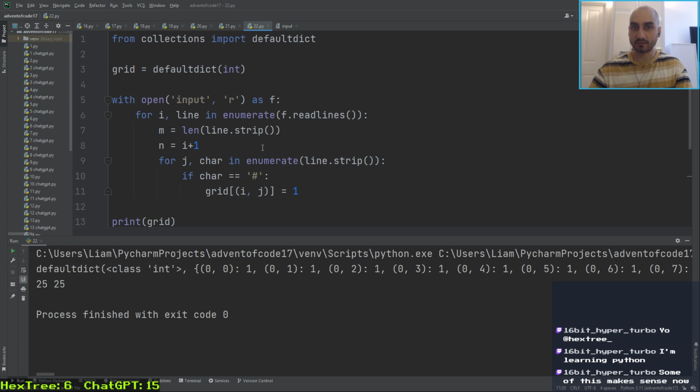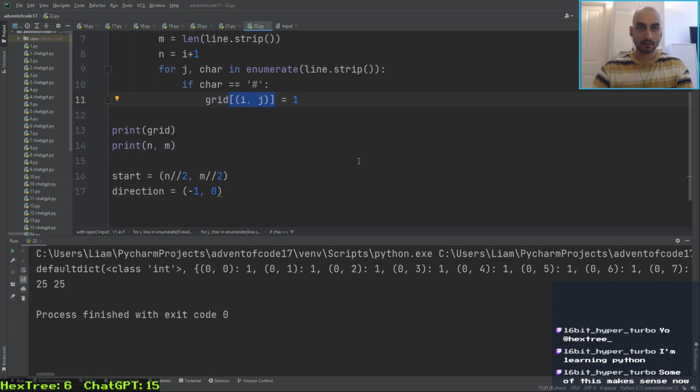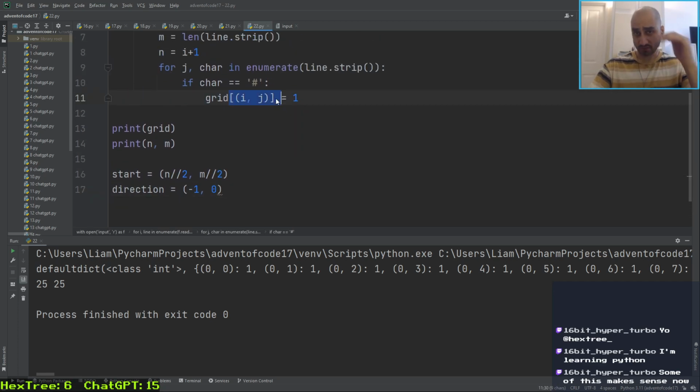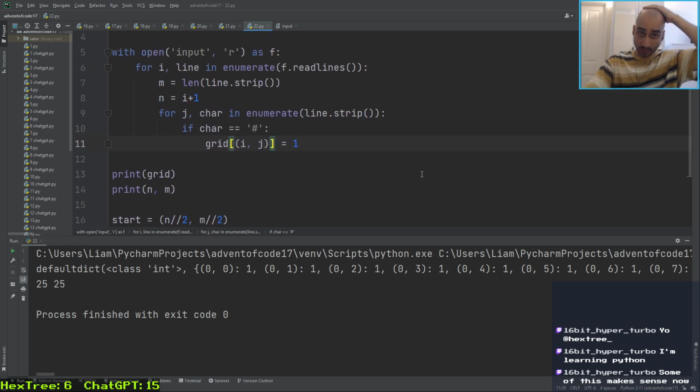Some of this makes sense now. Yeah, it's a very readable language, even to someone who doesn't know Python. But once you know, I mean, some of the weird things in Python are the list, the way you access indices and slices. Once you know those things, then the notation makes more sense a lot of the time.